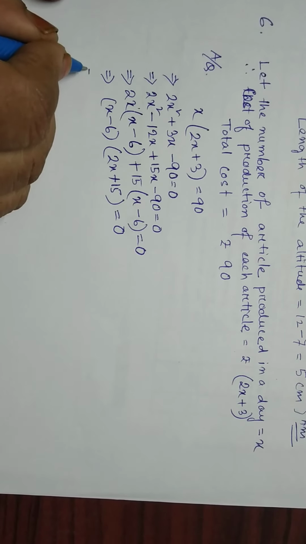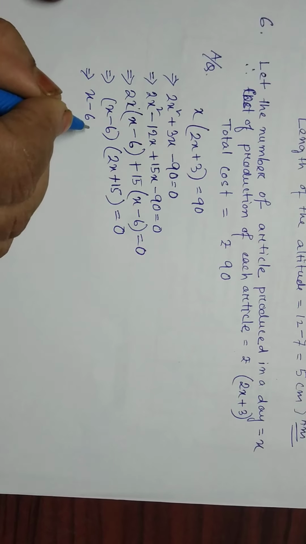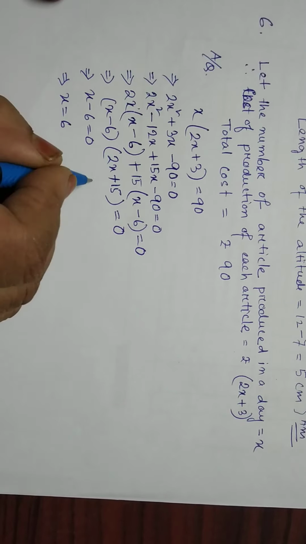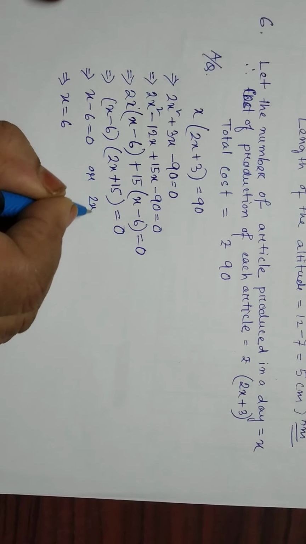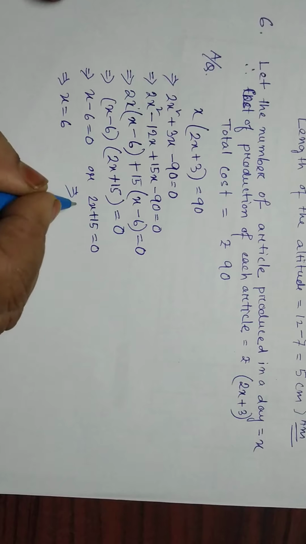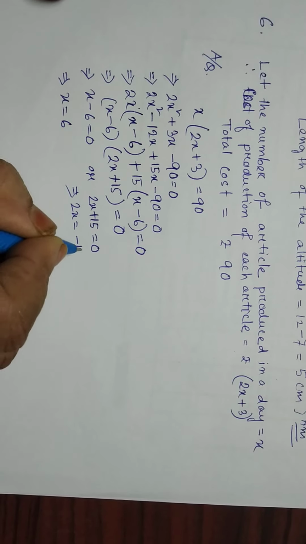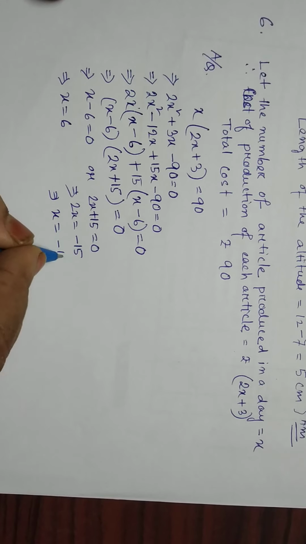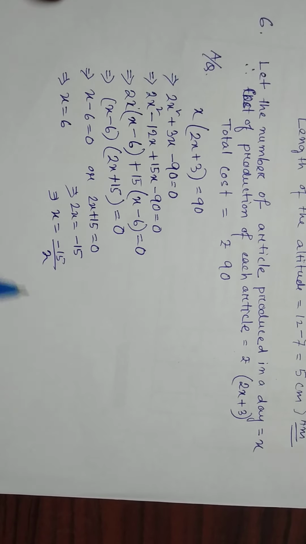From here x minus 6 equal to 0, that means x is equal to 6, or twice x plus 15 equal to 0, that means twice x is equal to minus 15. Therefore x is equal to minus 15 by 2.